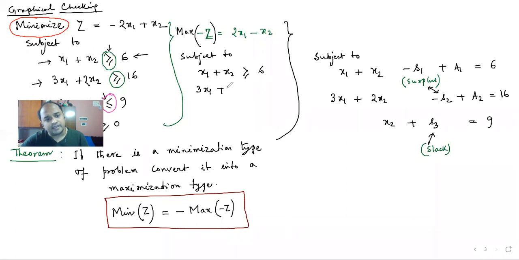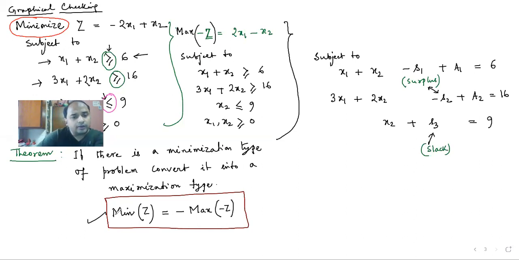They will remain as they are because they are separate entities. So it is not going to affect the constraints, don't worry. But because of this rule, we are going to convert z into minus z. Minimize z will become max of minus z.